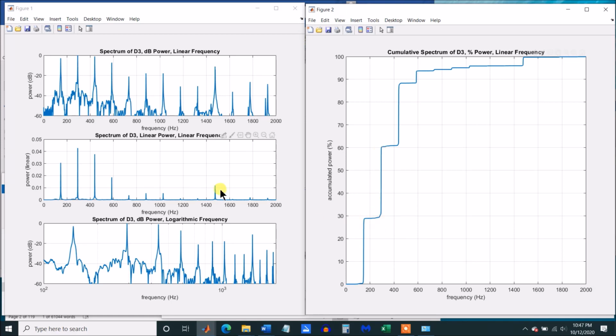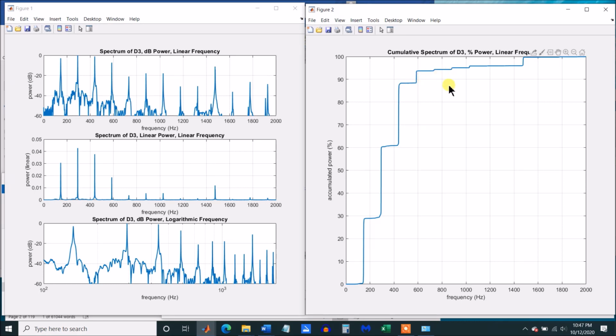So even though this peak is a lot higher than this peak, the power amount in terms of accumulation is about the same, because the cumulative line spectrum takes into account the width as well as the height of the peak. And then we move along to more, and we hit this third peak, and we see a jump, and then so forth.